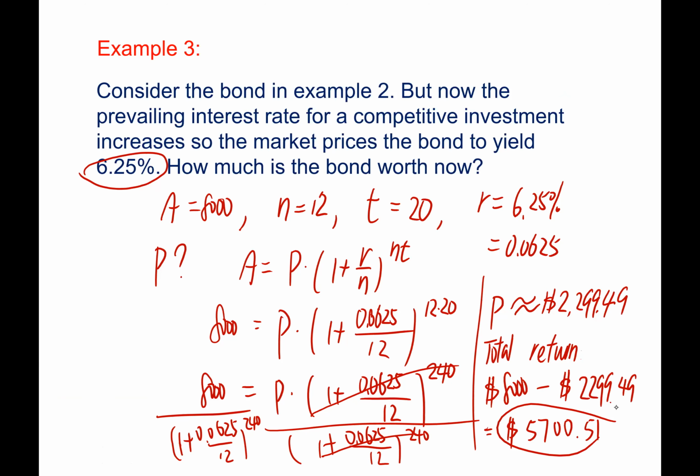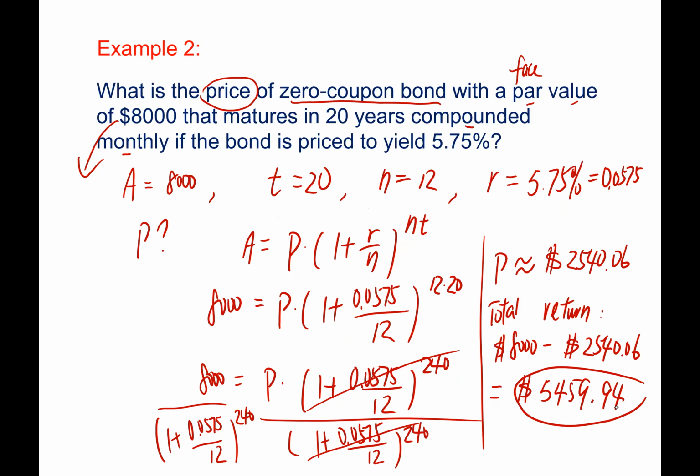And this is slightly higher compared to this, $5,459.94. Yeah, so in terms of the investor, this is a better choice, right? Because the bond is paying a higher interest rate, more interest.